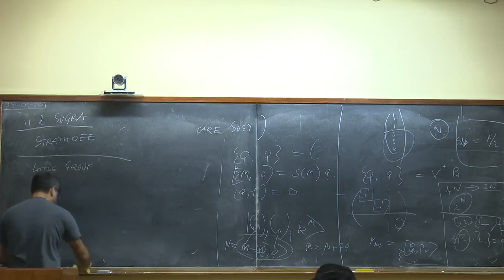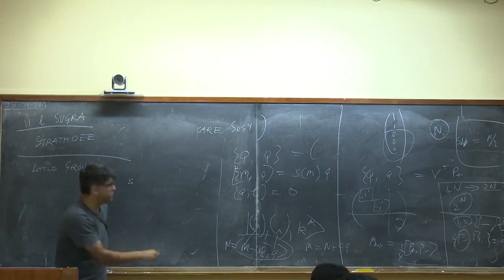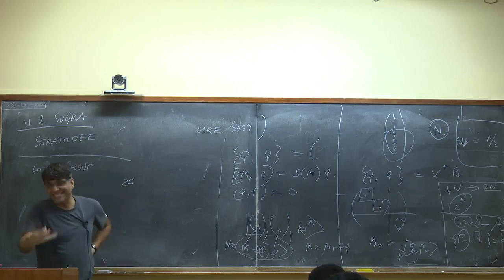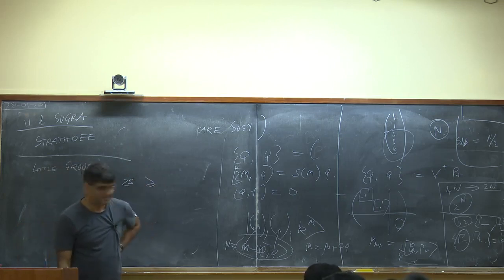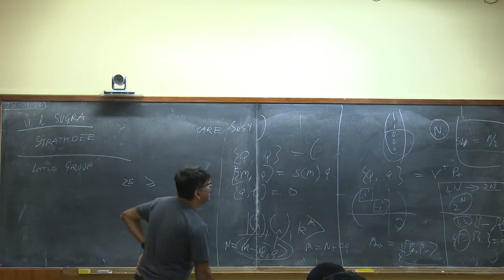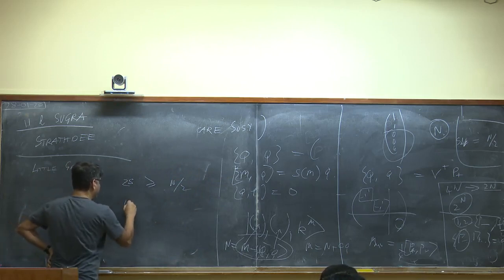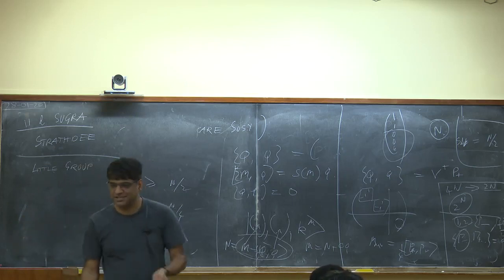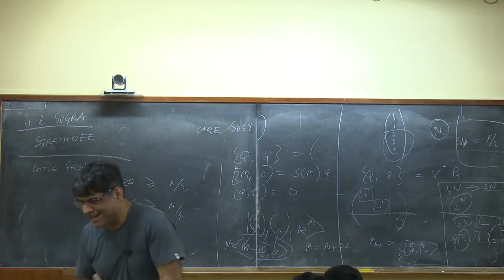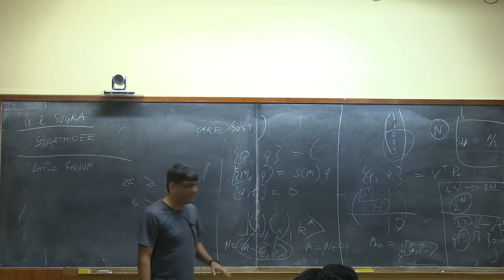Suppose the largest spin in your problem was S. Then S minus minus S, so 2S, has to be greater than or equal to n by 2. So S has to be greater than or equal to n by 4. In fact, in this minimum representation, it's actually always equal. The greater than happens when you start tensoring with these other non-trivial things. But anyway, all we really need is this inequality.